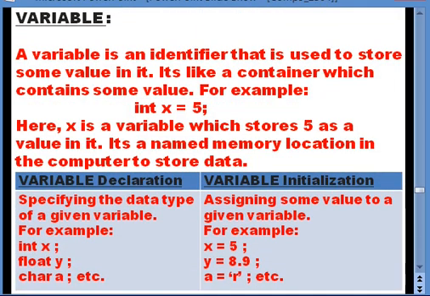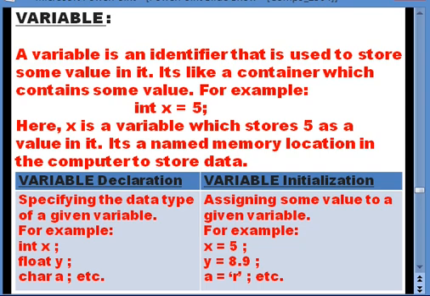Okay. So when we are talking about variables, we are going to talk about these two things also. One is called variable declaration and the other is called variable initialization. Variable declaration means specifying the data type of a given variable. As an example, int x, float y, char a, etc. means x is going to have values of integer type, y is going to have values of float type, and a is going to have values of character type.